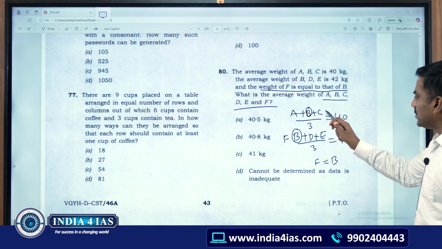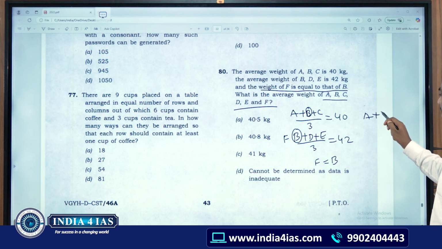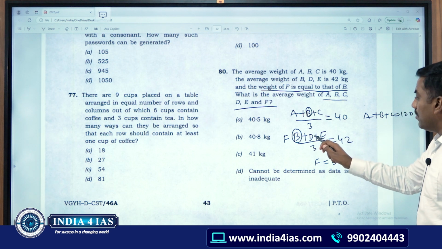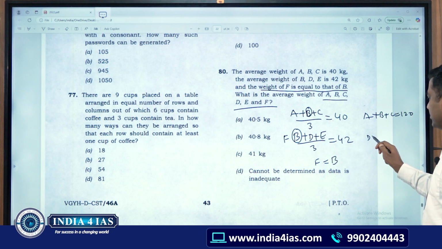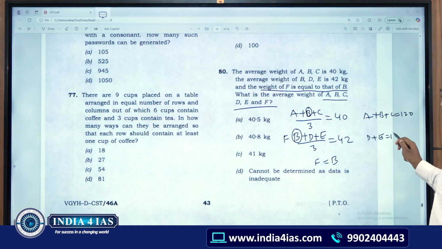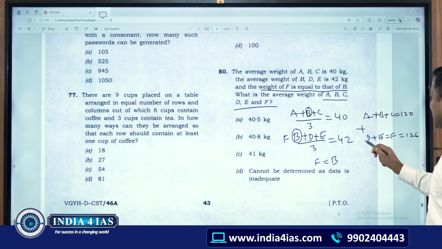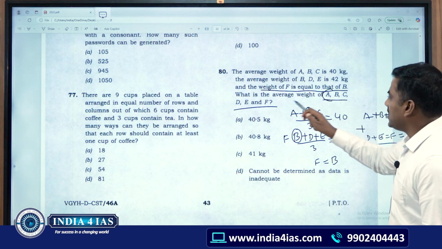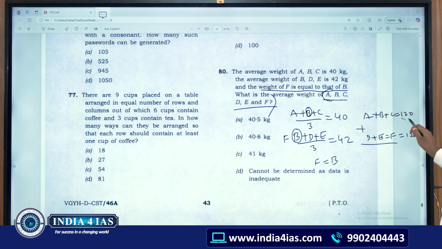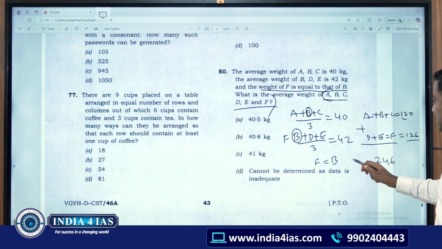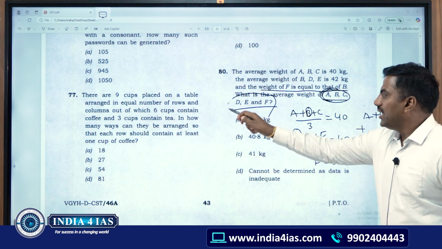So here A plus B plus C is equal to 120. And here D plus E plus F is equal to 42 into 3, which is 126. If I add this, totally I'll get A, B, C, D, E, F. Then 120 plus 126 is 246. So the weight of 6 people is 246.